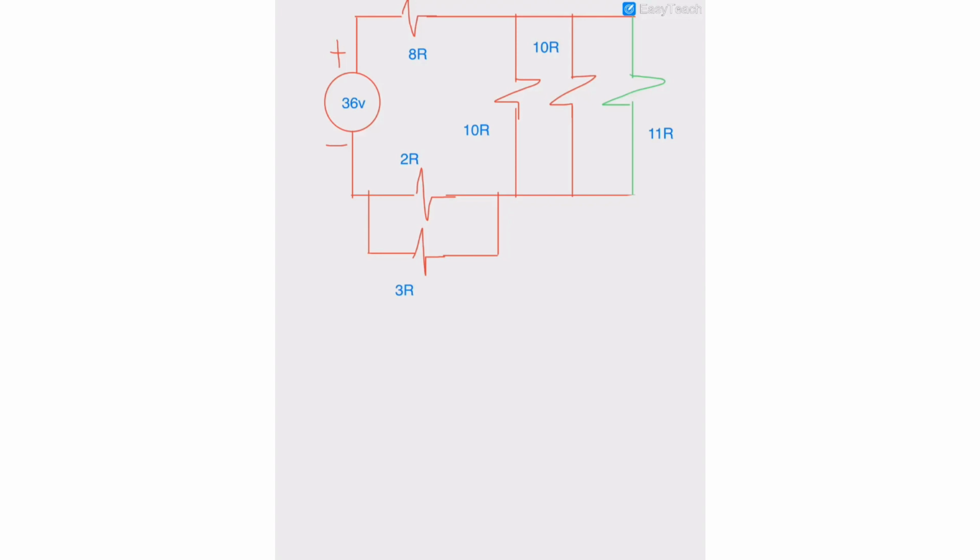For the value of the resistance at this section, we can do the product over the sum by simply multiplying 10 ohms by 11 ohms, all divided by the sum. 10 plus 11 is 21.